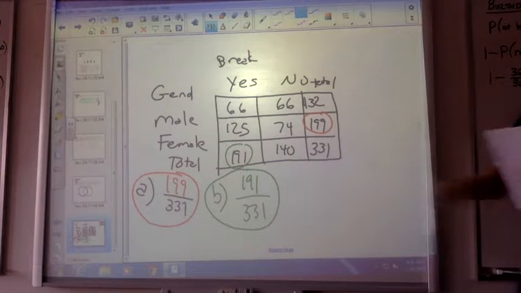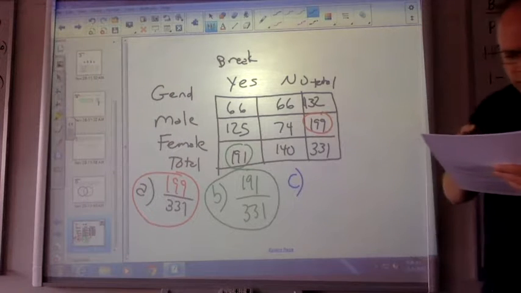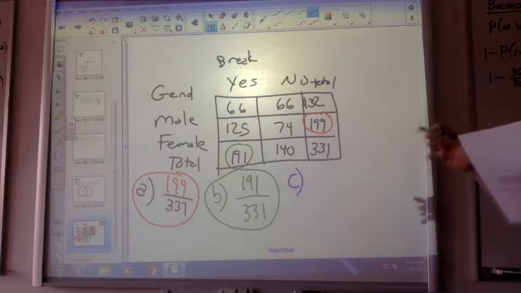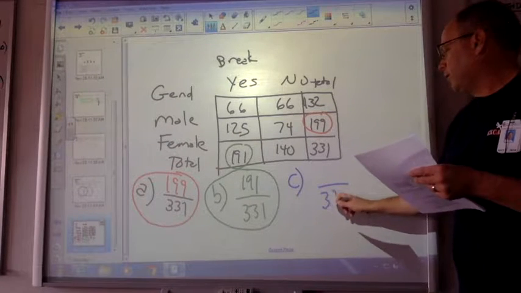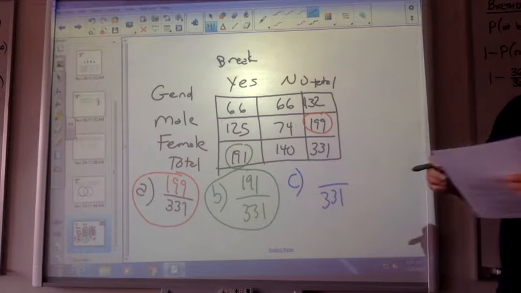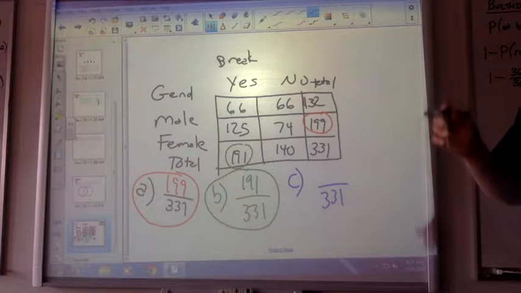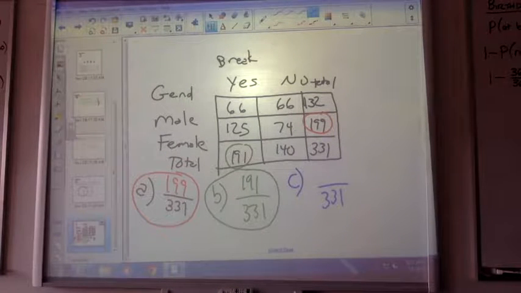Then letter C, it says, what is the probability that a randomly selected student was male or ate breakfast? Okay. Now this is where we have to be careful. So randomly selected, so we still have 331, was male or ate breakfast. Okay, so we can't count the same thing twice when we're doing this.